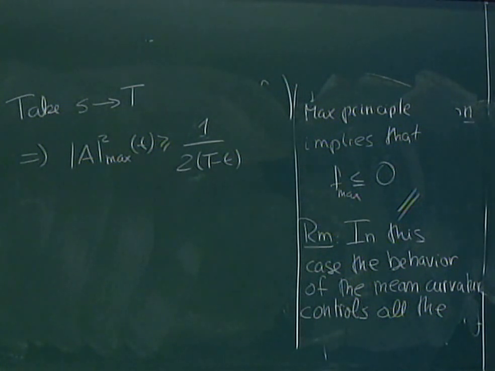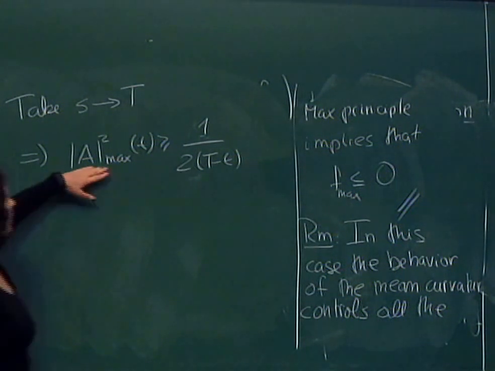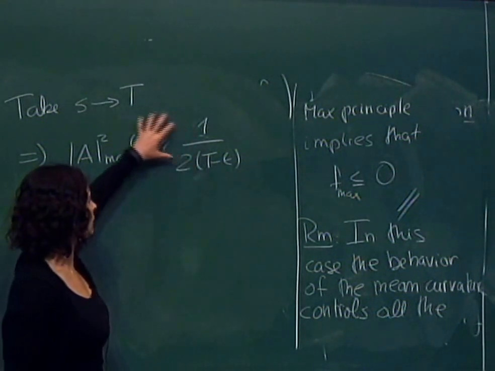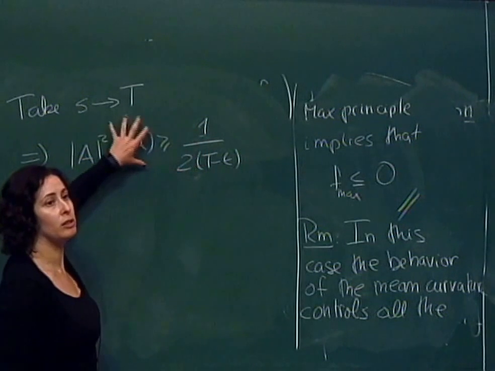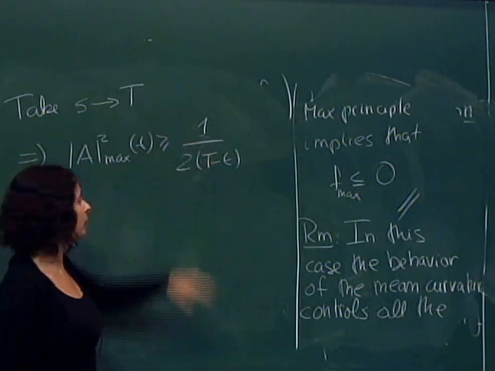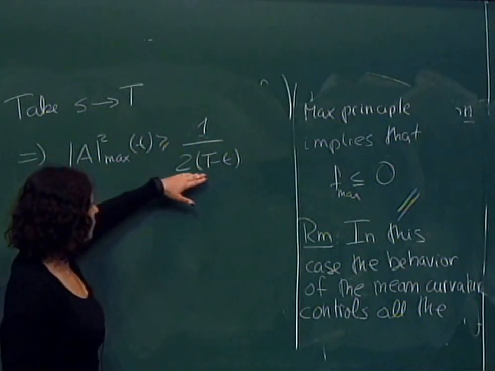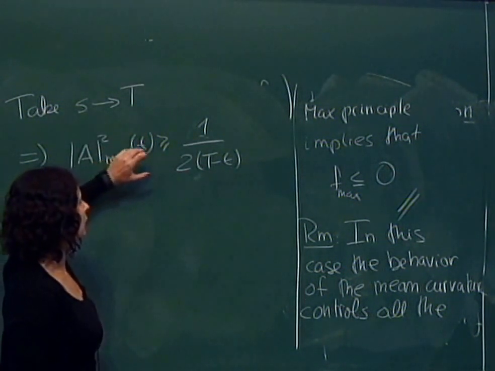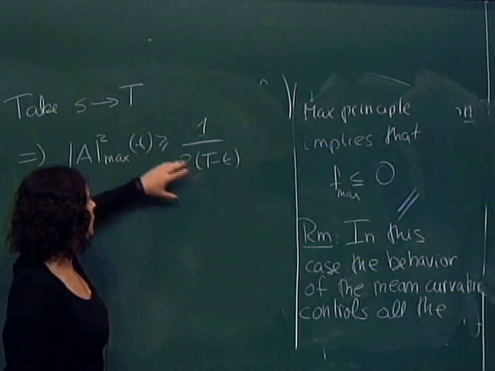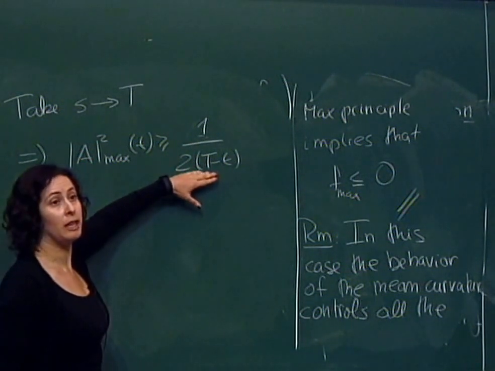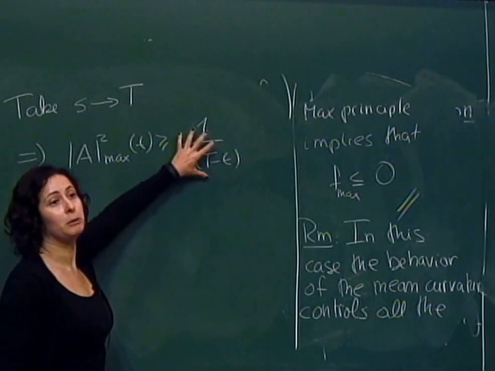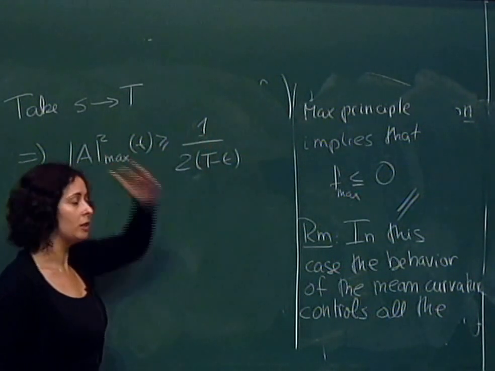Okay, so that gives me a blow-up rate that is the minimum. The first thing that one would like to know is if this is optimal or not. So this is a lower bound, right? What I'm going to discuss tomorrow is I'm going to divide the problem into 2 cases. I'm going to call a singularity type 1 if this is exactly what is happening, and I'm going to call it type 2 when this is not happening, when the speed is faster.